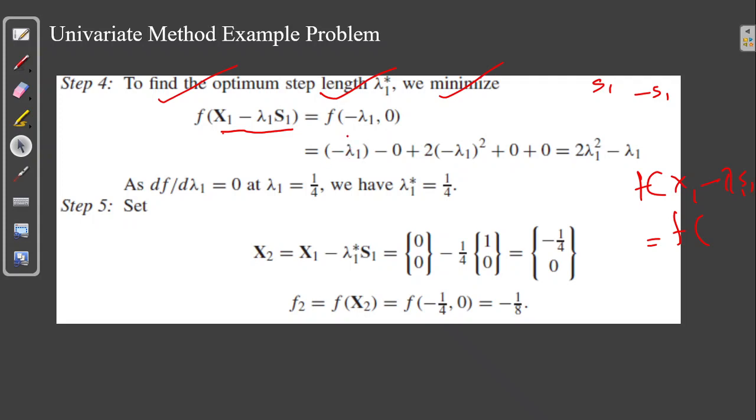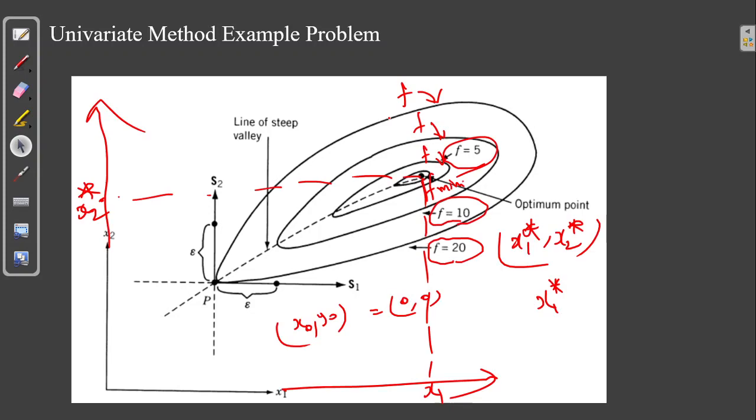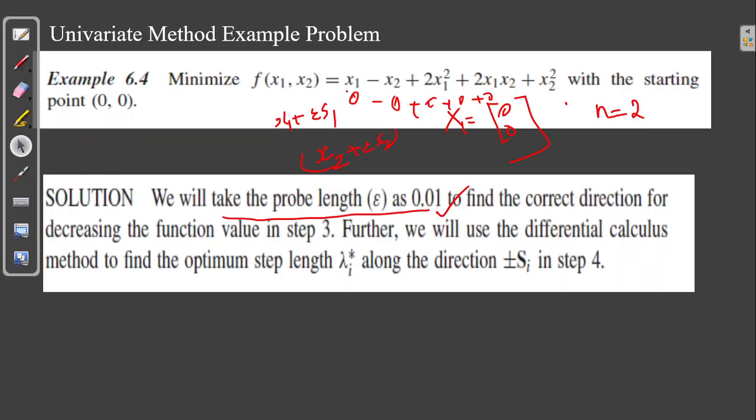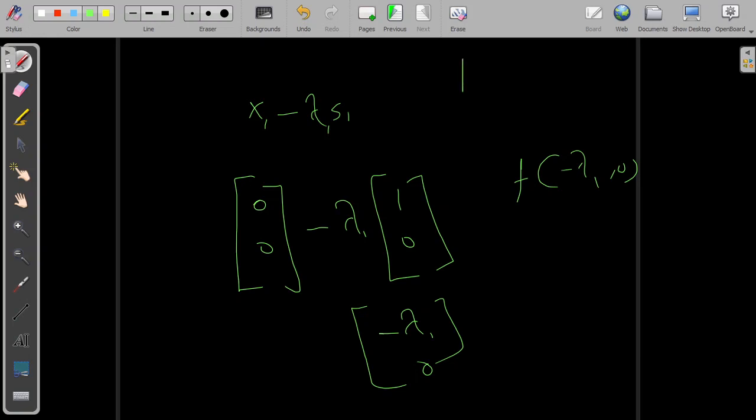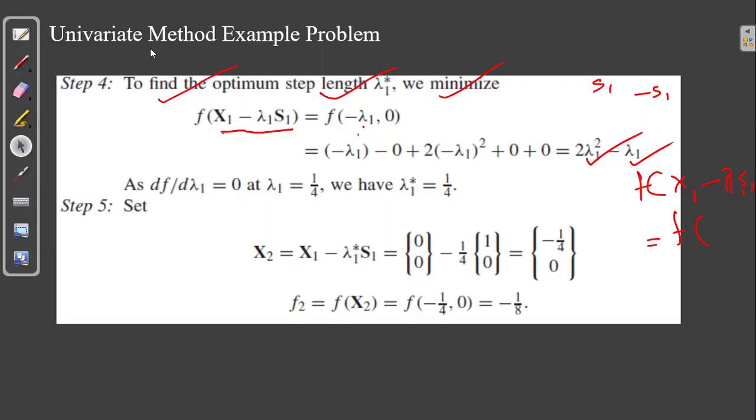So you put minus lambda 1 in the place of x1 and 0 in the place of x2 in this function. That means you get a function f equal to 2 lambda 1 squared minus lambda 1.